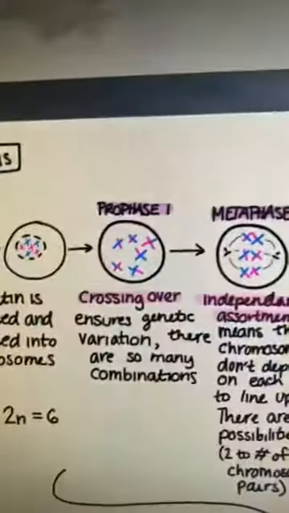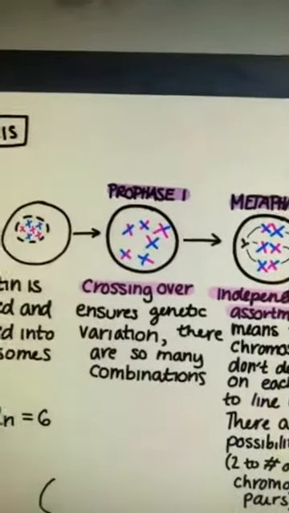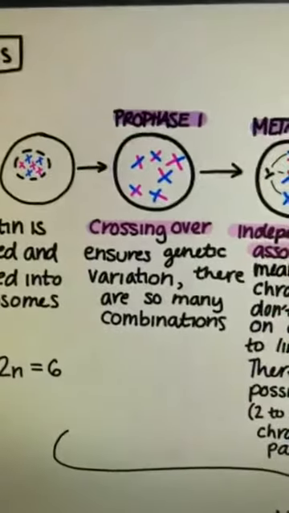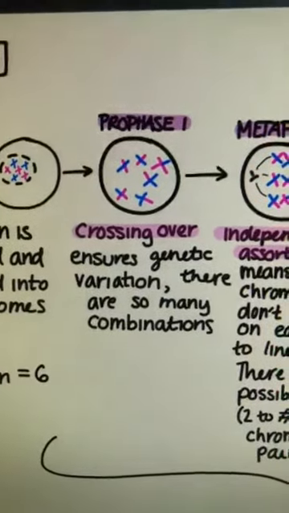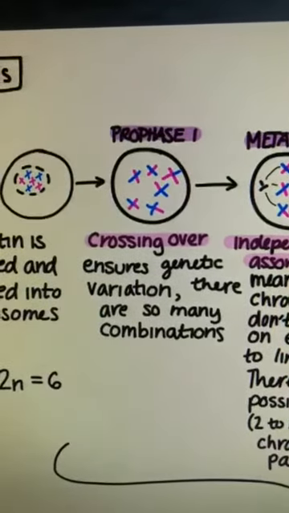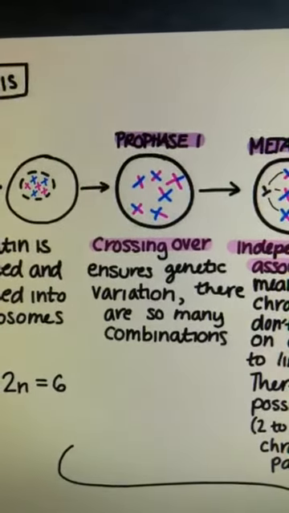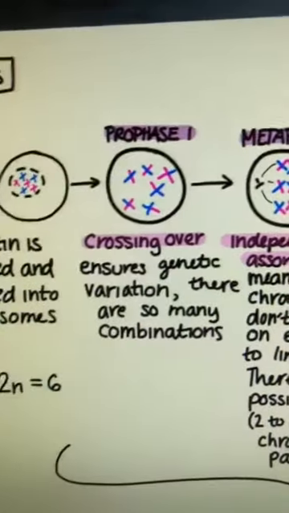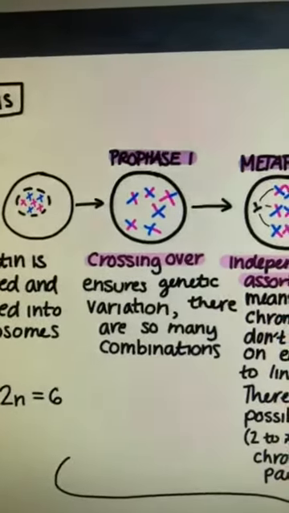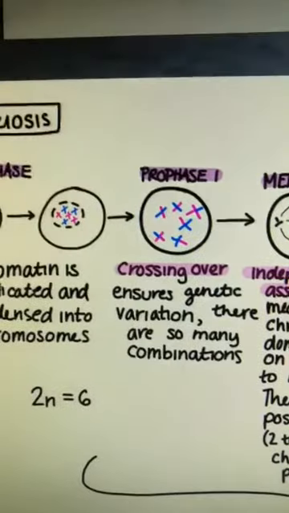So in prophase, we already said we're condensing down. A difference is that here we're looking at homologous chromosomes. As a reminder, homologous chromosomes mean that we're looking at chromosome 1 from maternal and chromosome 1 from paternal. These are chromosomes that are the exact same length. They code for the same genes.